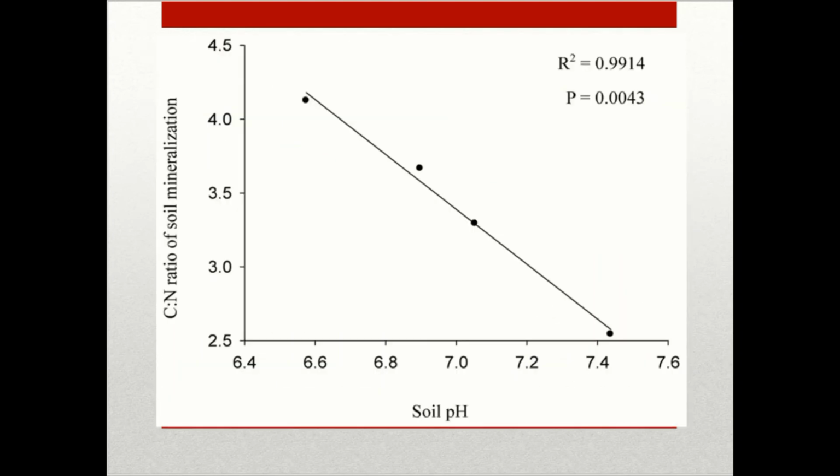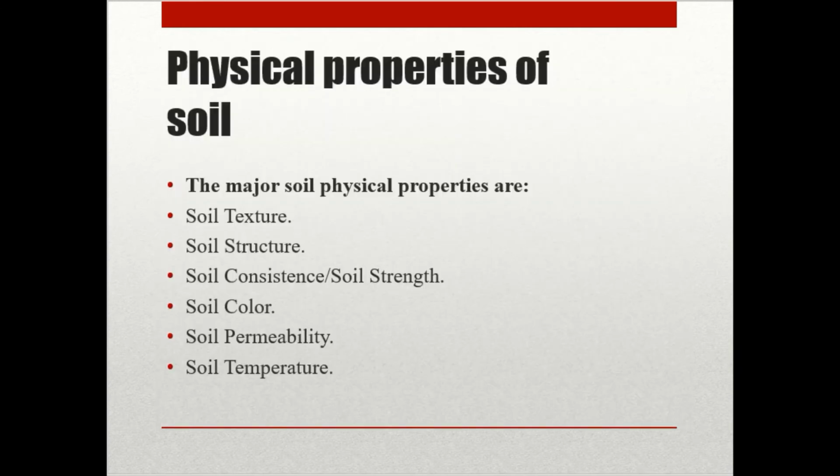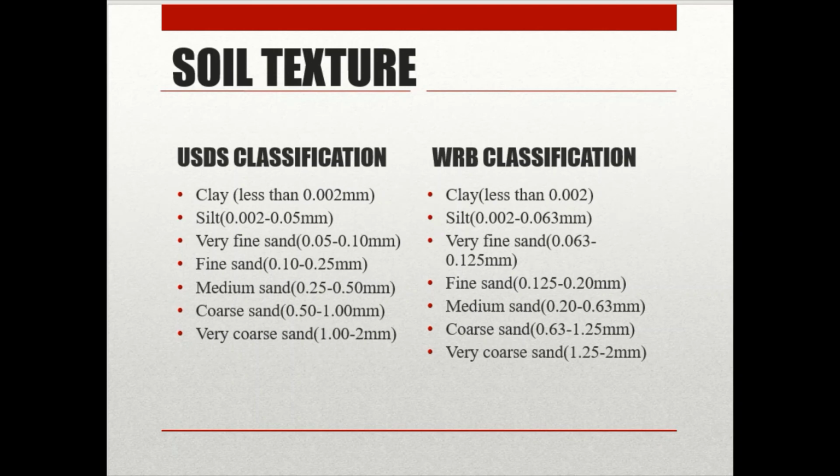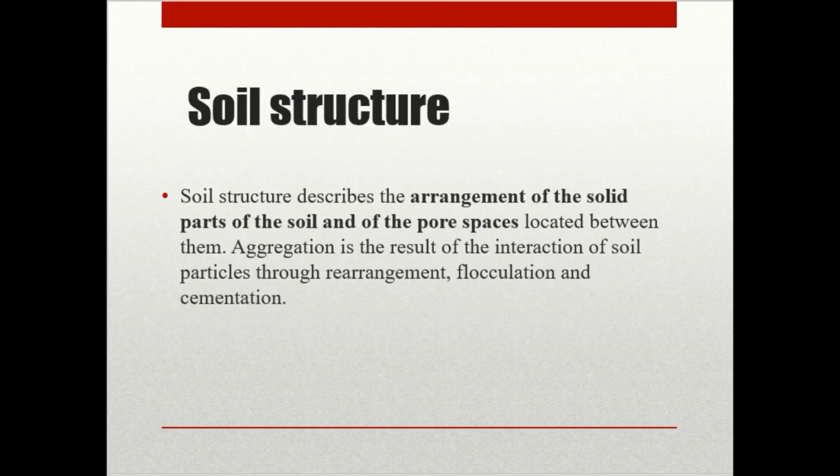Physical properties of soil. The major physical properties of soil are soil texture, soil structure, soil strength, soil color, soil permeability, and soil temperature. Soil texture. We usually study two main classes of soil, USDA and WRB classification. Here it is given in detail, you can check it out. Soil structure.